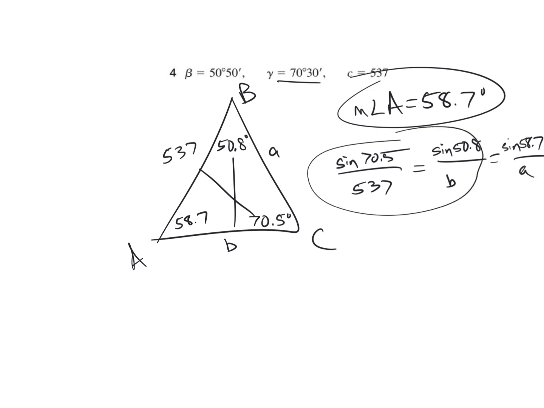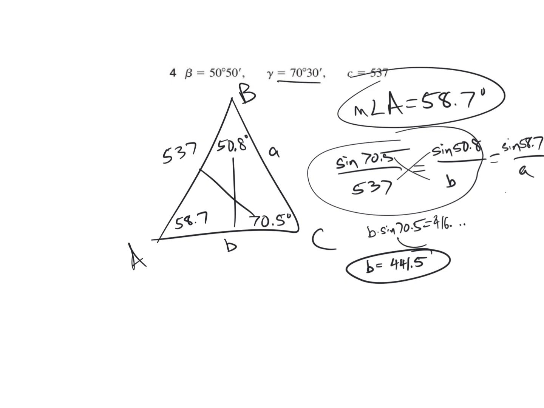So we'll do this first. 537 times the sine of 50.8 is B times the sine of 70.5 equals 416 point blah, blah, blah. So we're going to divide off the sine of 70.5. And little b is 441.5.